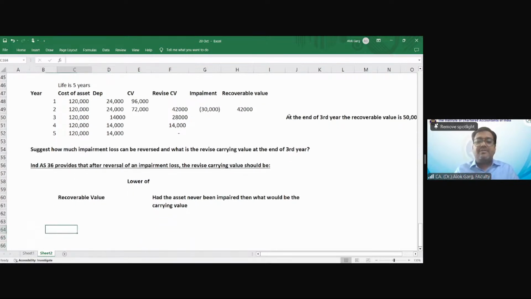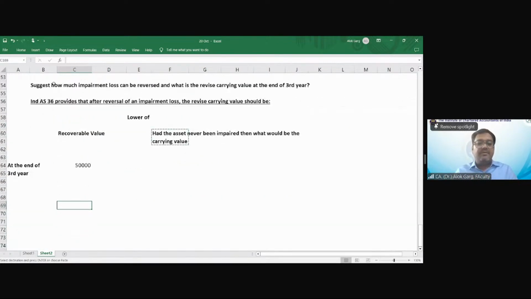Recoverable value कितनी है इस question में? At the end of third year, what is the recoverable value? 50,000. But what is the carrying value had the asset never been impaired? Carrying value क्या होती? 48,000. निकाल लेते हैं carrying value क्या होगी?